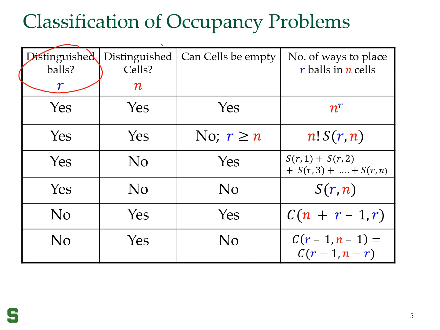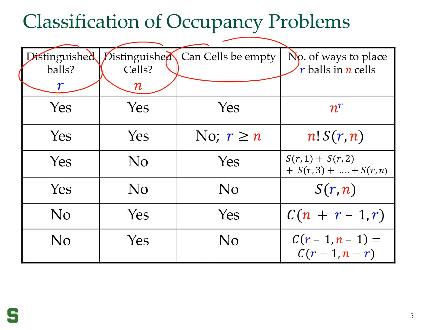Whether the cells are distinguished, in other words, are the cells put in a way that this is cell number 1, this is cell number 2, this is cell number 3, or are these just some boxes that if we move around the boxes it's still the same set of combination? The third one is, can the cell be empty? And that will give you some variations.